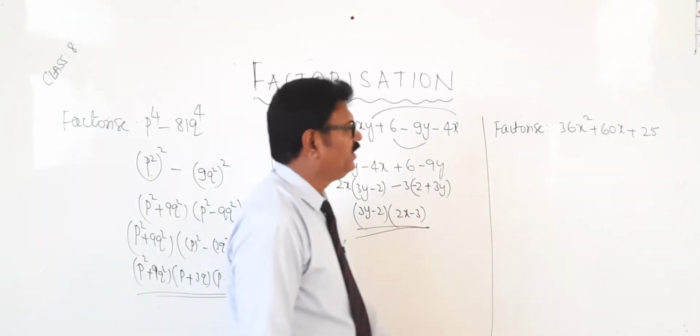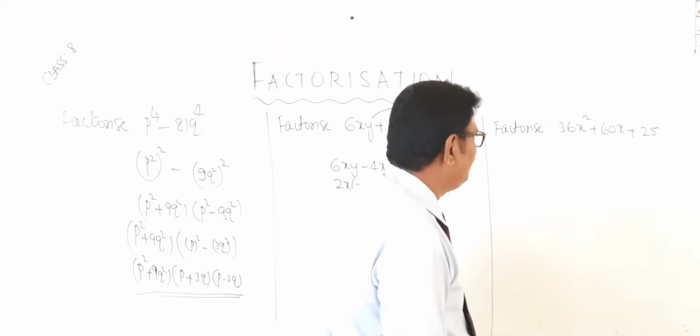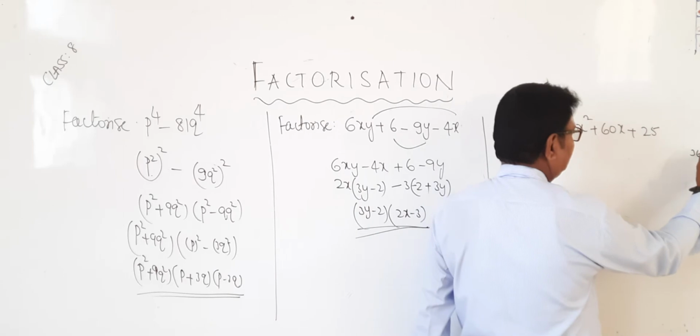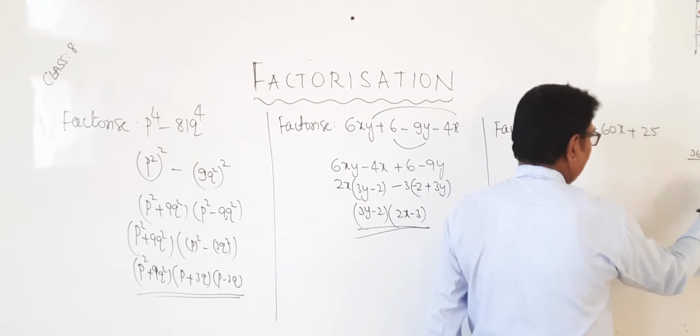Next, still it is which method? Yes, splitting the middle term. Splitting the middle term means you can split the middle term. Last numbers are 36 into 25. 25 6 is 150. 25 is 75 means 900.